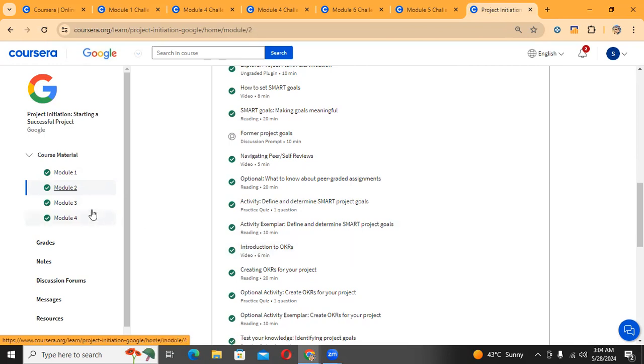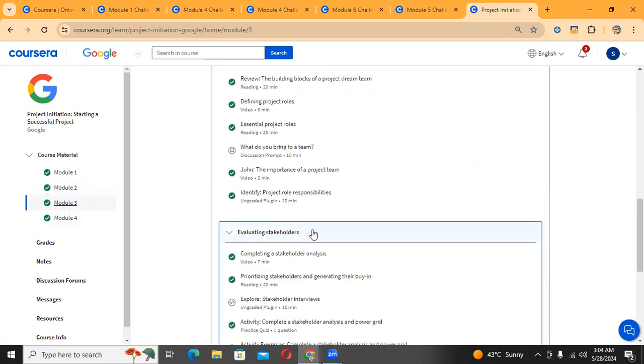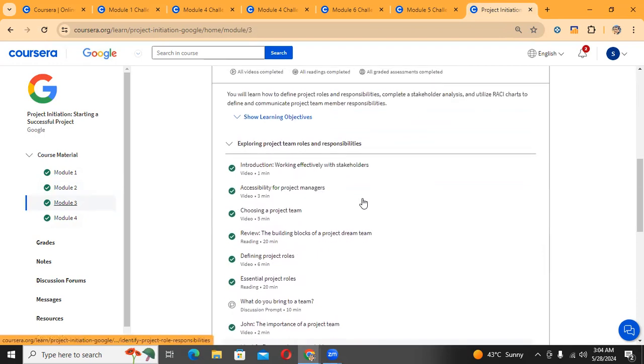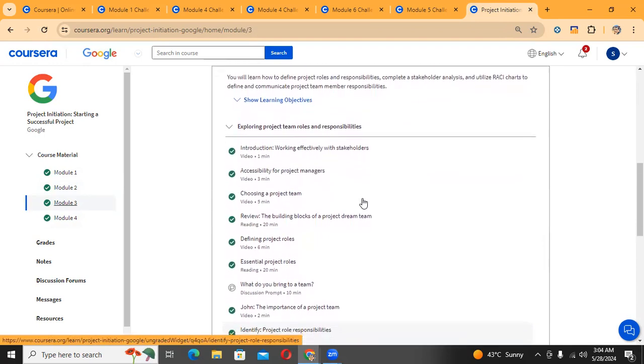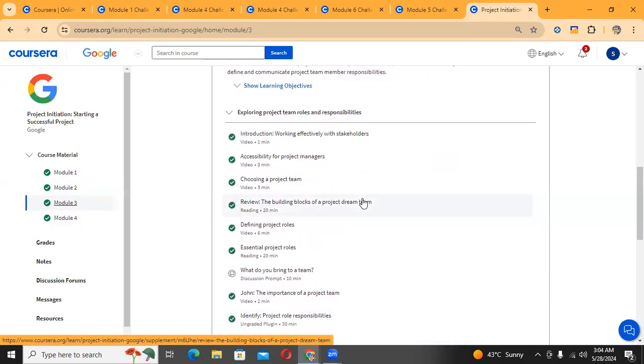Okay, in the third module, working effectively with stakeholders, you will focus on stakeholder management, which is vital for project success. In stakeholder analysis, we identify and prioritize stakeholders, understanding their needs and expectations. Project roles and responsibilities define the roles of team members.